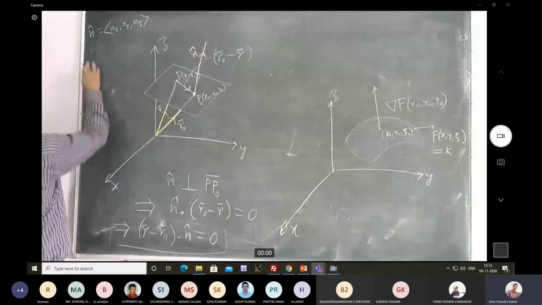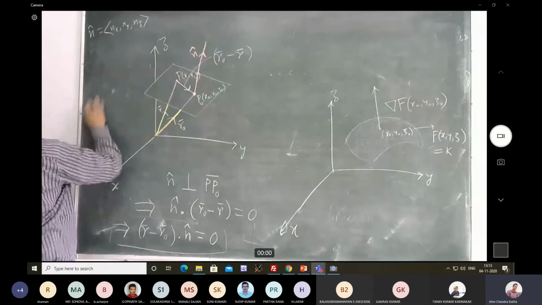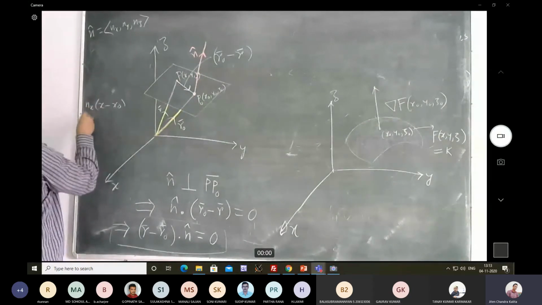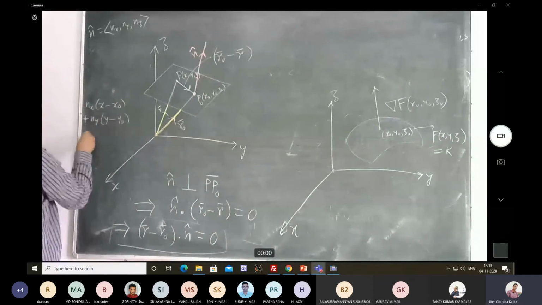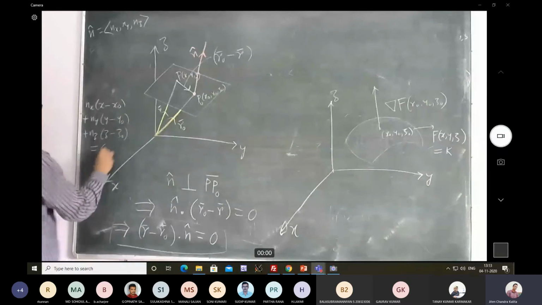So this would give you nx(x minus x naught) plus ny(y minus y naught) plus nz(z minus z naught) equals 0.